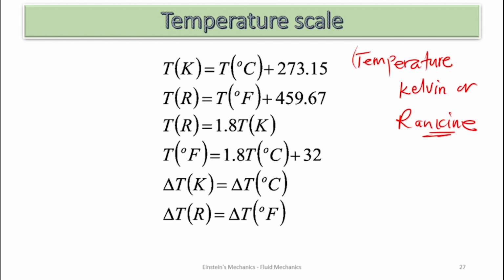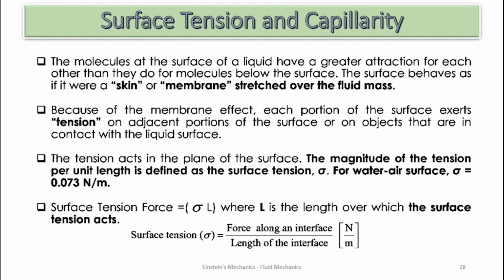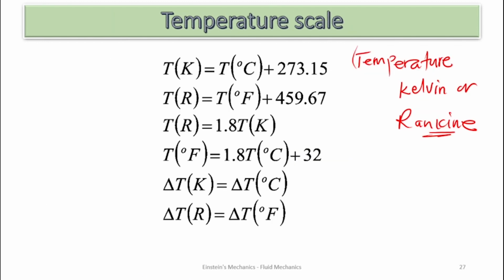If we are to convert any temperature from one scale to another, let's assume in a question we were given temperature in degrees Celsius and we are going to work in Kelvin. This is the conversion: you add 273.15 to the degrees Celsius to get it in what?